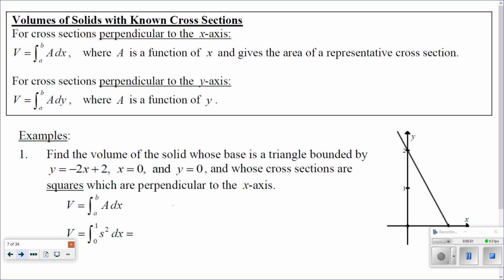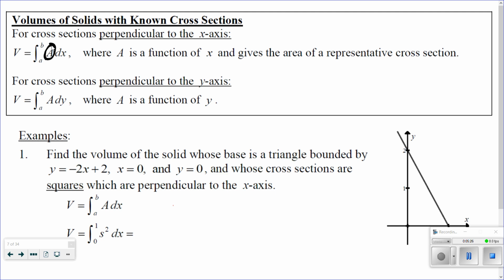Okay, so when you want to find volumes of solids with known cross sections, these cross sections that come out of them, here's how we're going to do it. The first thing is you have to be careful with the wording. Some of them will say perpendicular to the x-axis, some of them will say perpendicular to the y-axis. So if it's perpendicular to the x-axis, what I do is I find A, which represents the area of the cross section.